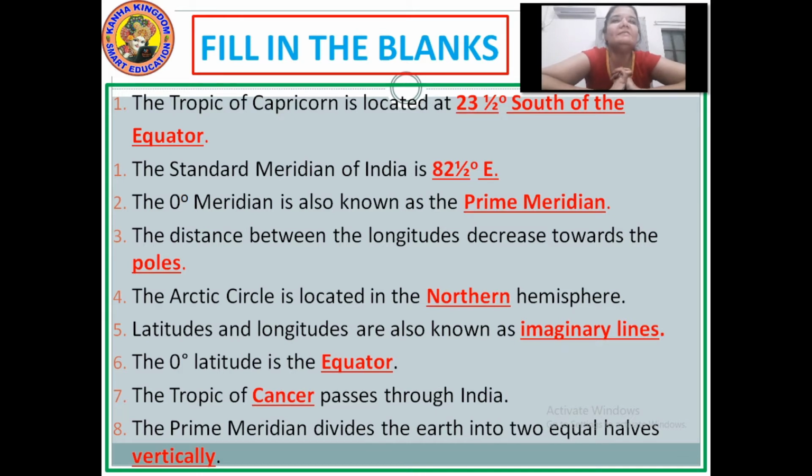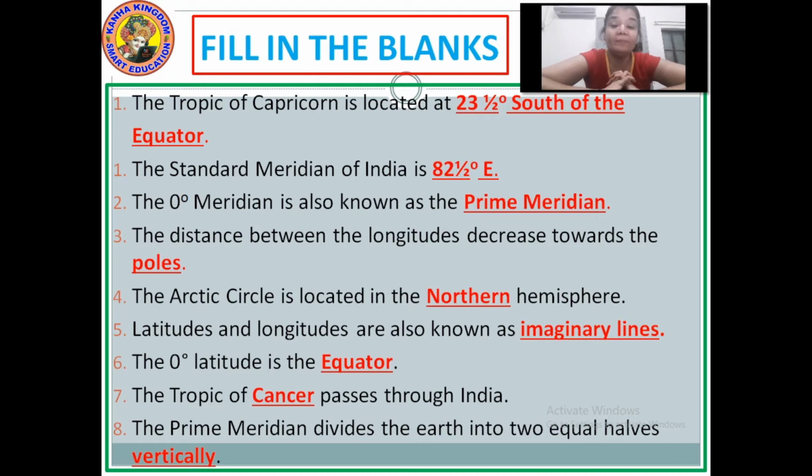The distance between the longitudes decreases towards the dash. Decreases towards the poles. Okay, number 4, the answer is poles. In the blank it is poles.